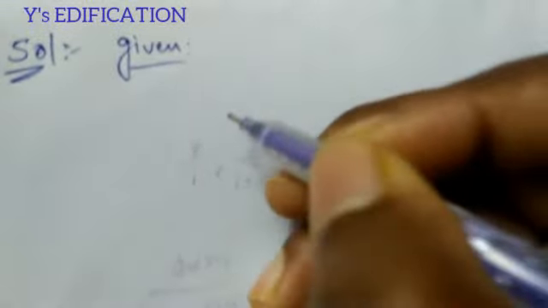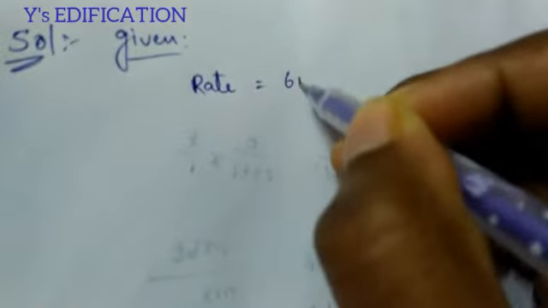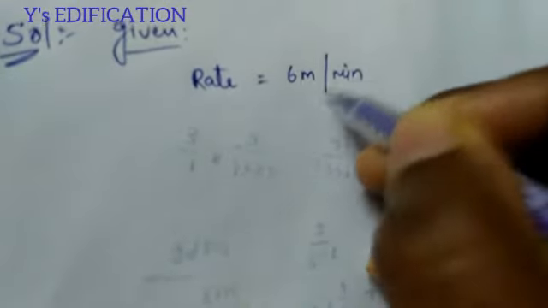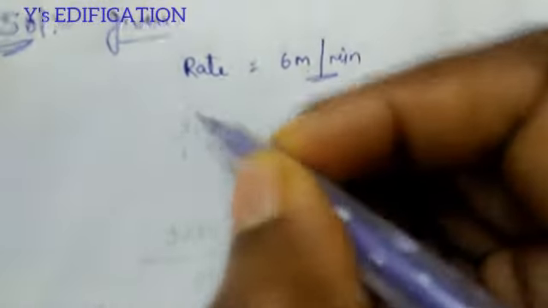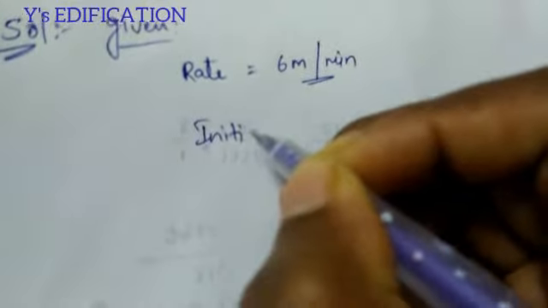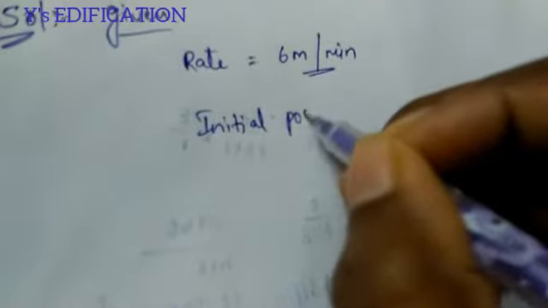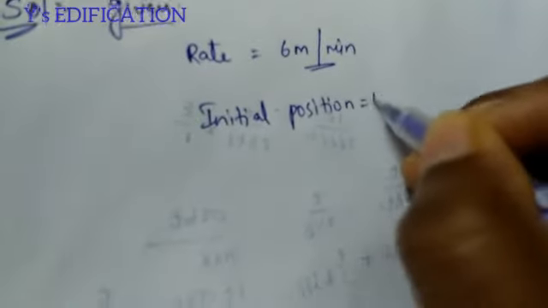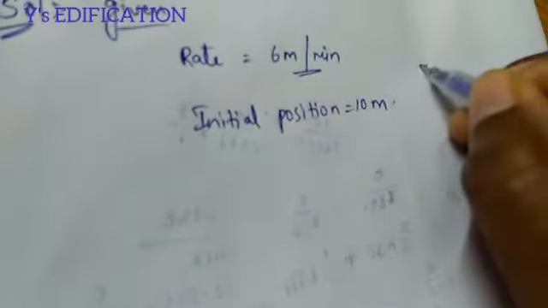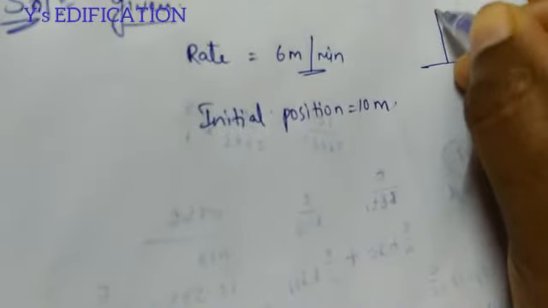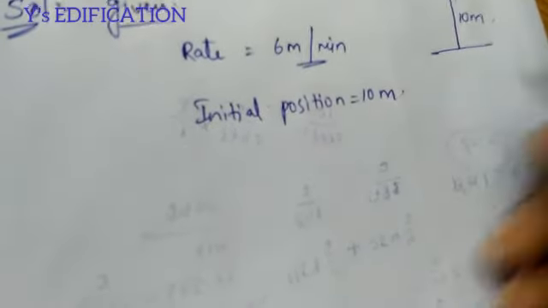An elevator descends into a mine shaft, that means it is going down. The rate is 6 meters per minute. The initial position is 10 meters above the ground level. Okay, this is the ground level, and this is 10 meters.